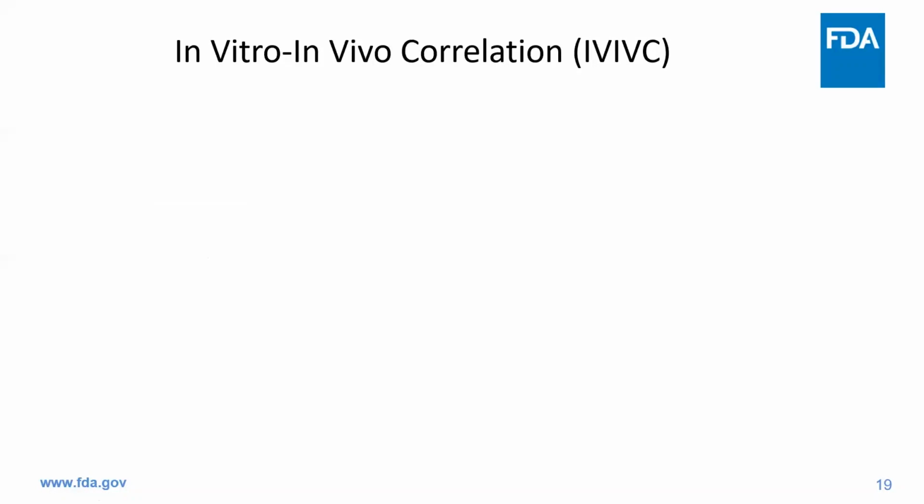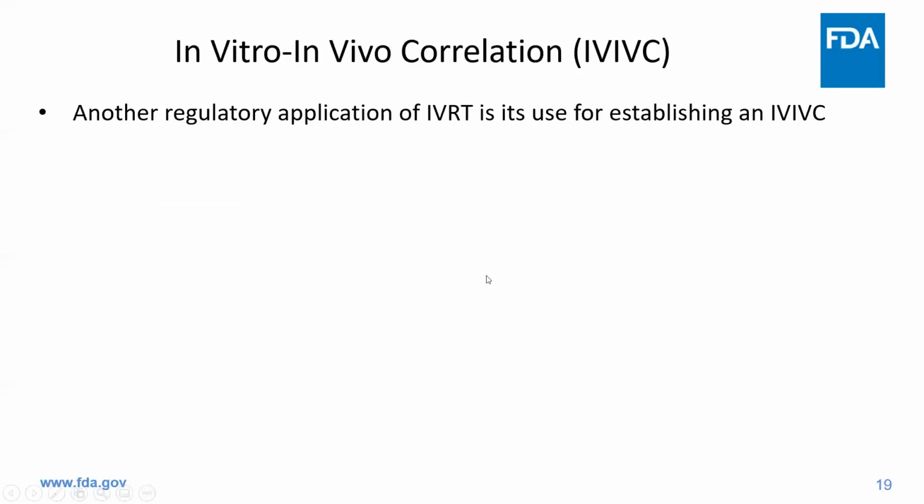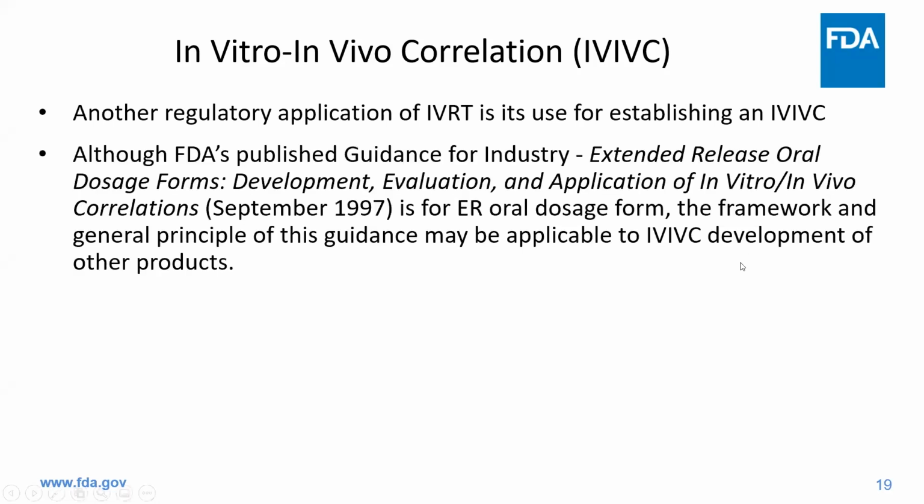Now we can talk a little bit about another application of in vitro release testing. Actually, this application is also relevant to either bioequivalence or quality control purpose. This is, you may use in vitro release testing to establish an IVIVC. FDA already published guidance for industry regarding IVIVC in 1997.